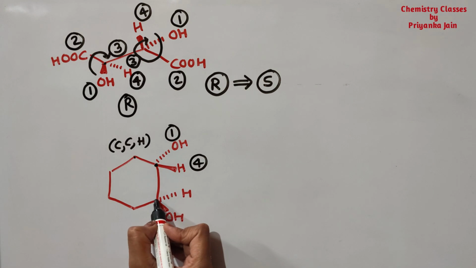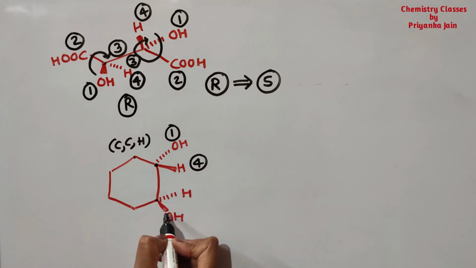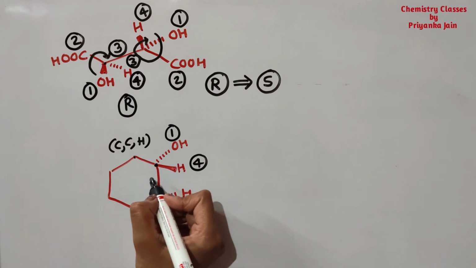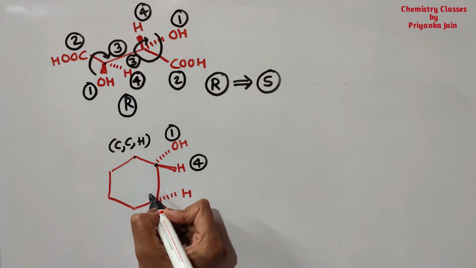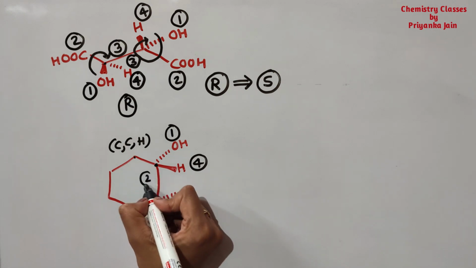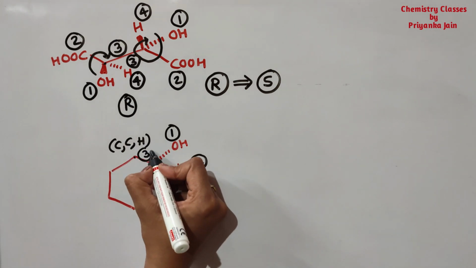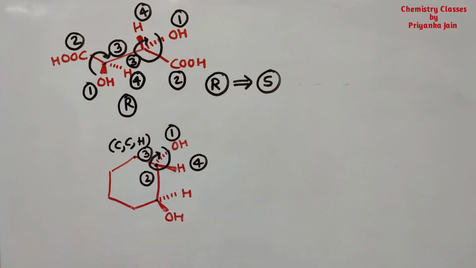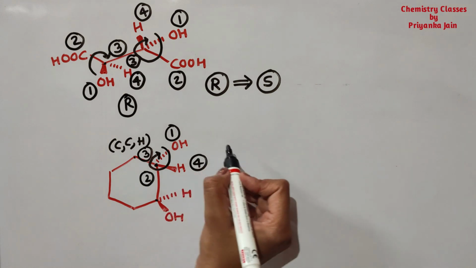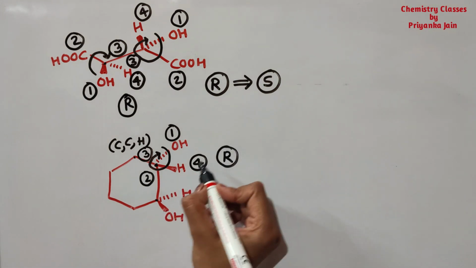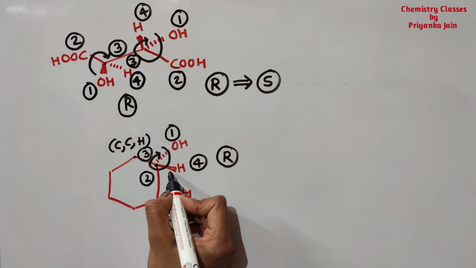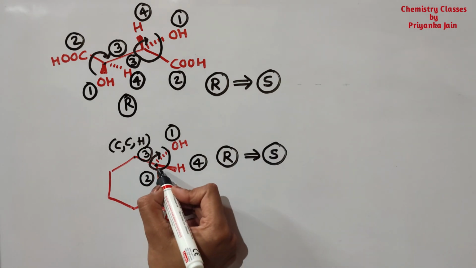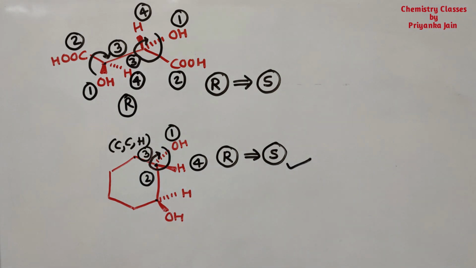And at this carbon atom, one hydrogen, OH, and carbon are present. It means this will be given the second priority, and this will be given third priority, right? So this will go clockwise. But now see here, this hydrogen is above the plane, so it will invert to the S configuration. So the configuration at this carbon atom is S, right?